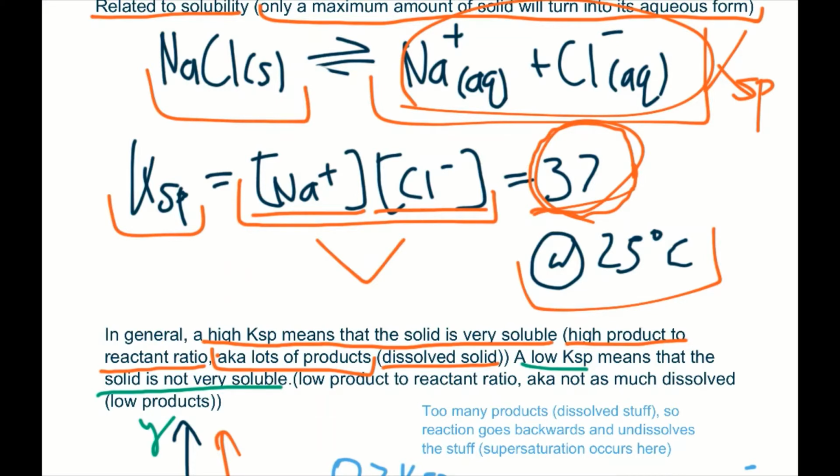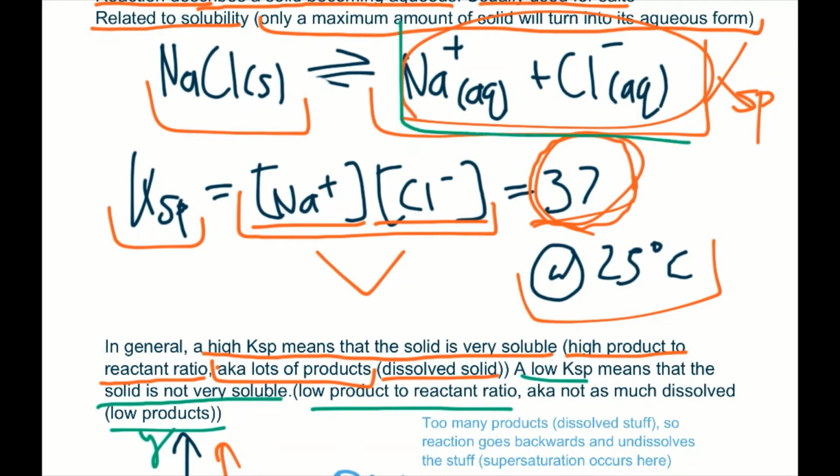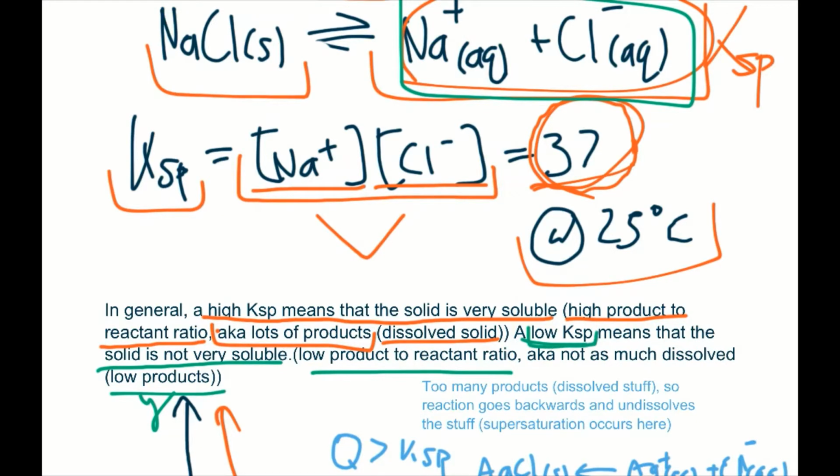And this is because a low Ksp means a low product to reactant ratio, or in other words, there aren't that many products, which means that you're not going to dissolve very well, which is why a low Ksp corresponds to something that is not very soluble.